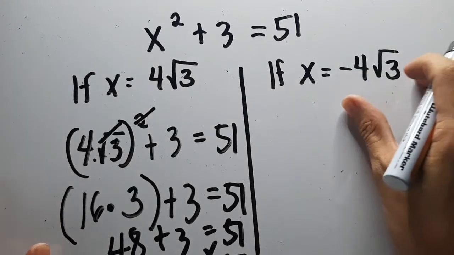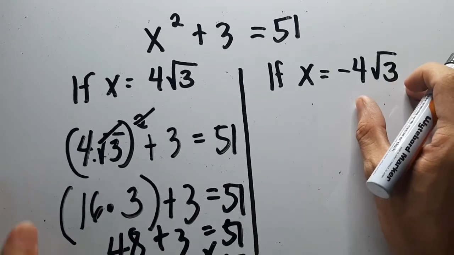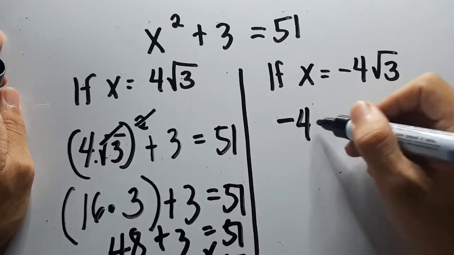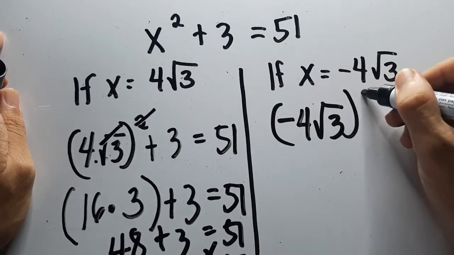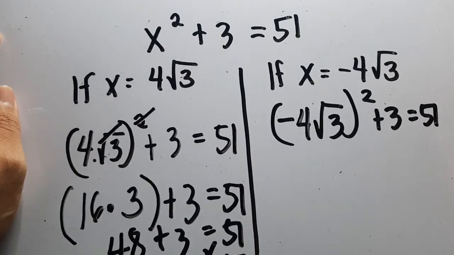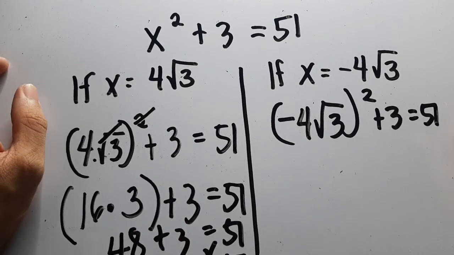So we need to substitute negative 4 square root of 3 to our given. So we have negative 4 square root of 3 squared plus 3 is equal to 51. So in the rule in mathematics, a negative number multiplied by a negative will become positive.